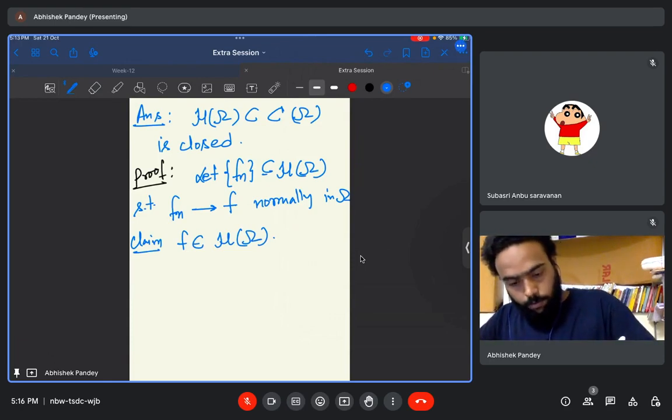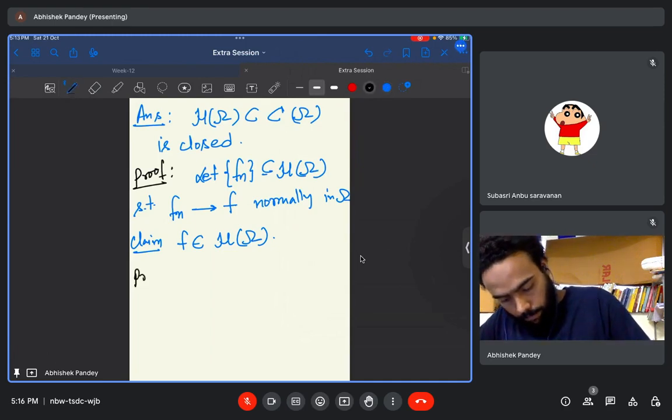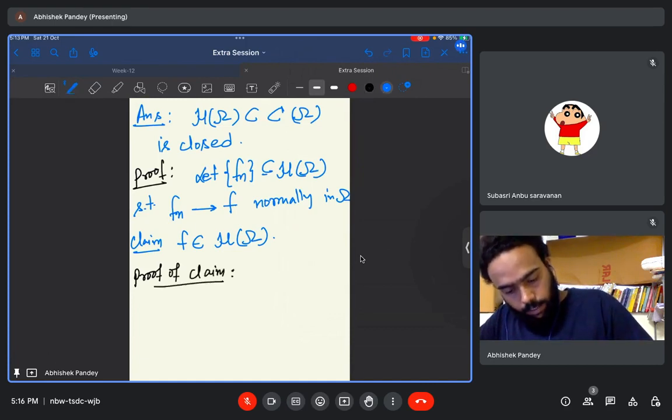Proof of claim. We have already seen that f is continuous.